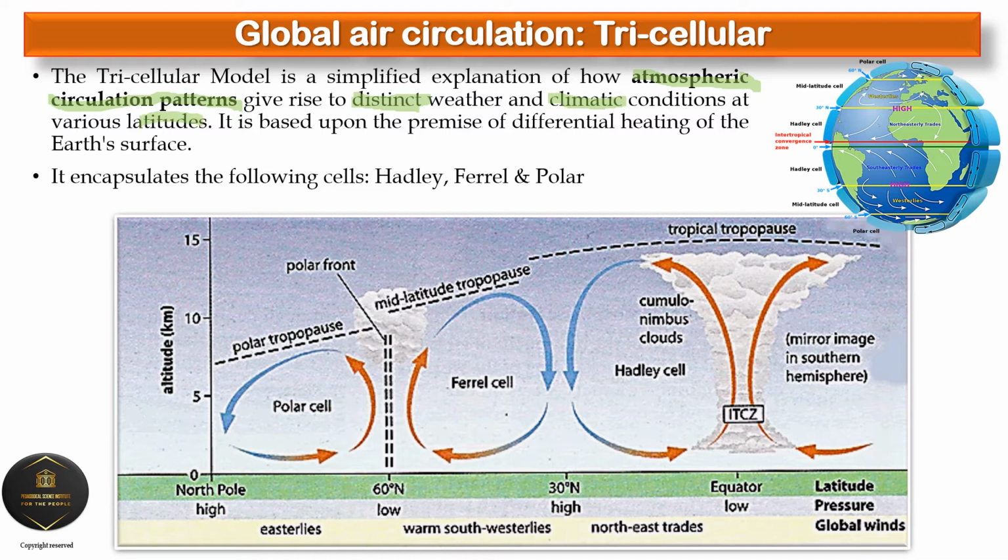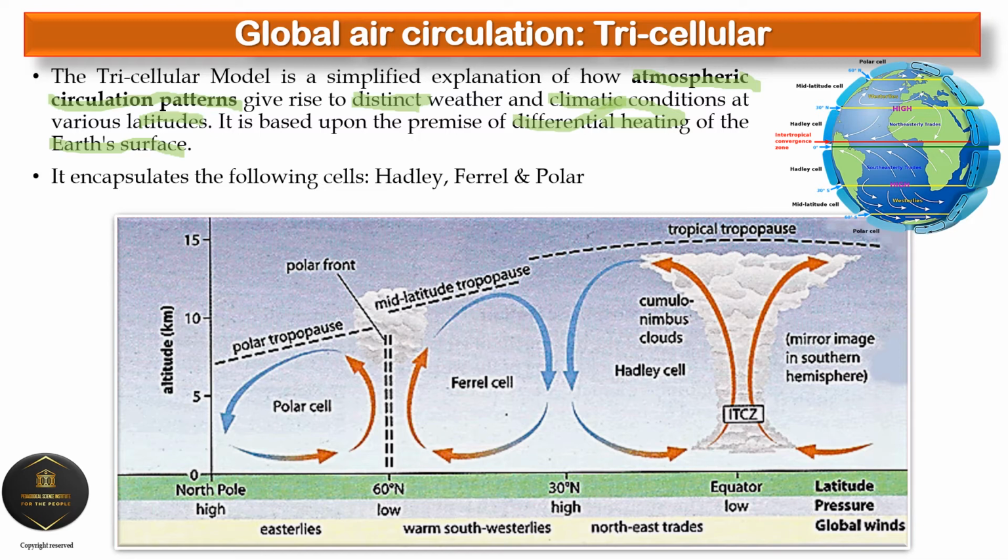So it's based on the principle of the uneven heating or differential heating of the Earth's surface. Because of that, we have different patterns, different cells forming as a result. Please remember that.